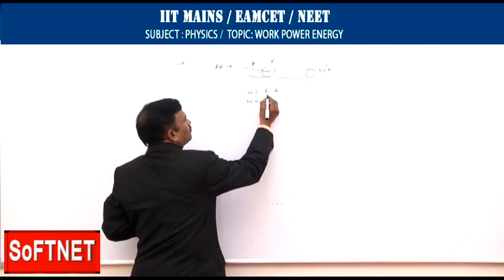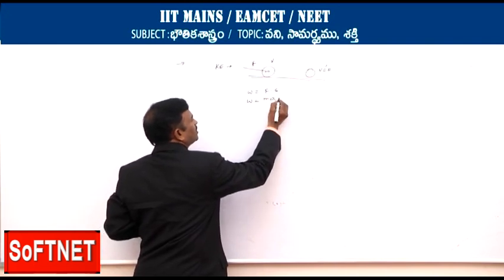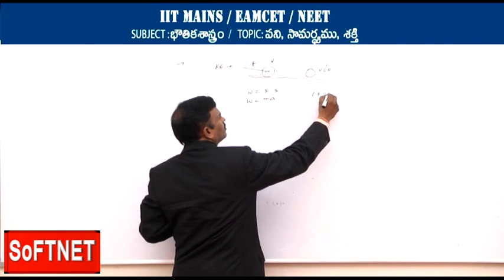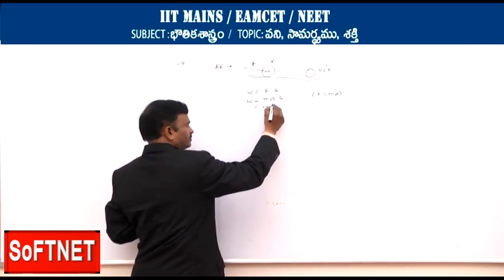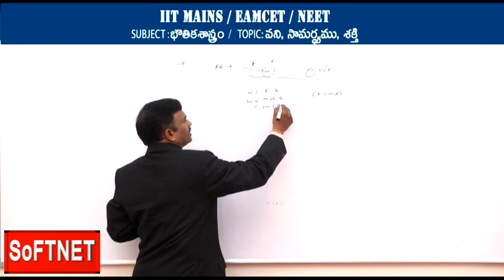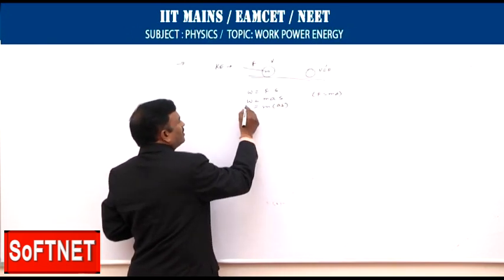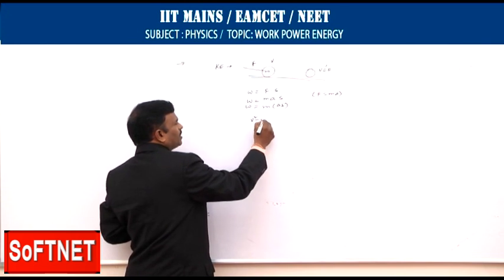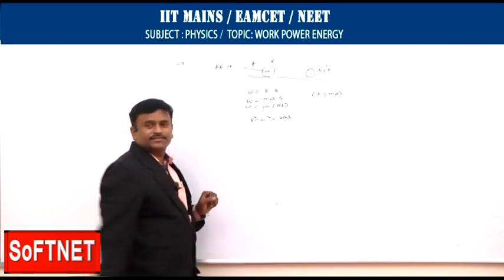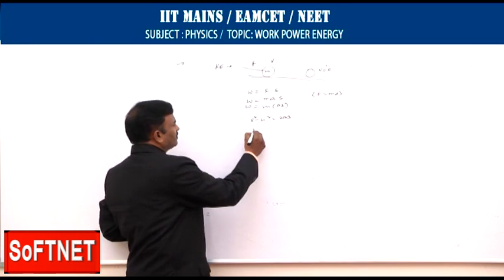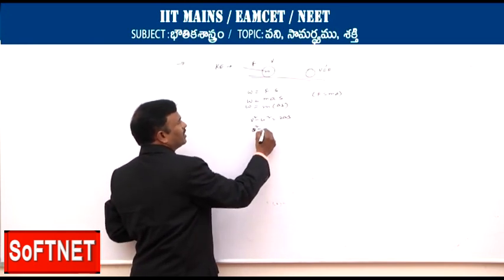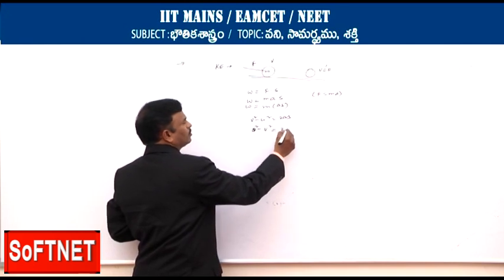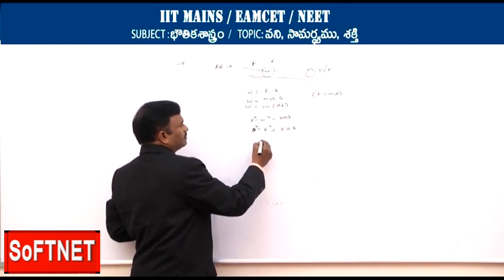Work is equal to force, and according to Newton's second law, F equal to m into a, so m into a into s. Here according to the equations of motion, v square minus u square is equal to 2as. Here final velocity is 0, u square is v square equal to 2 into a into s.